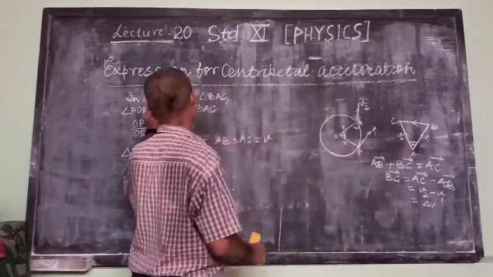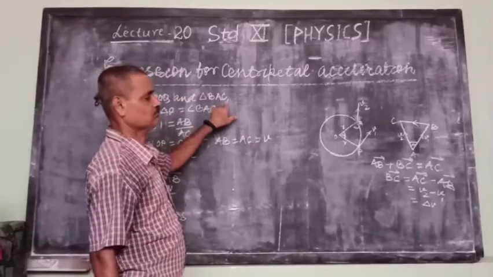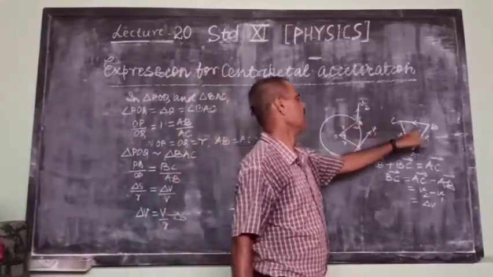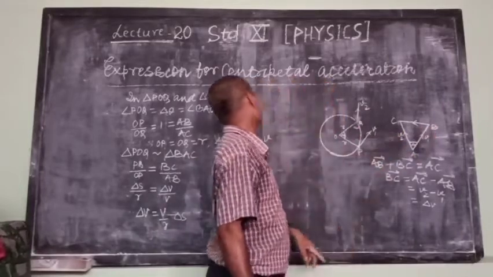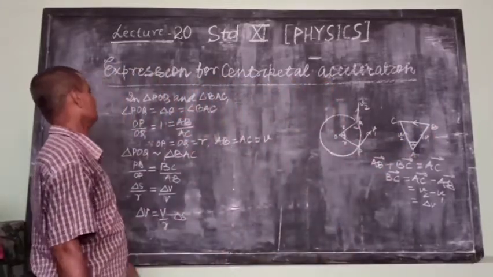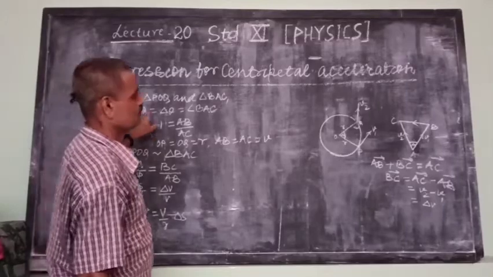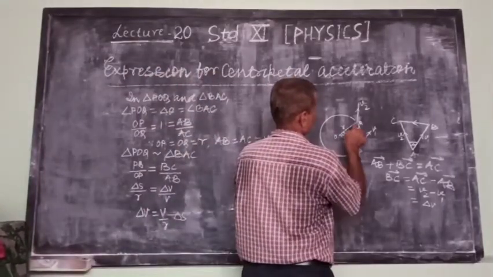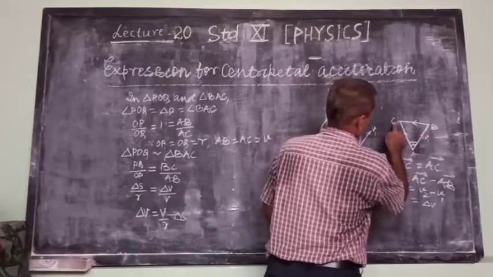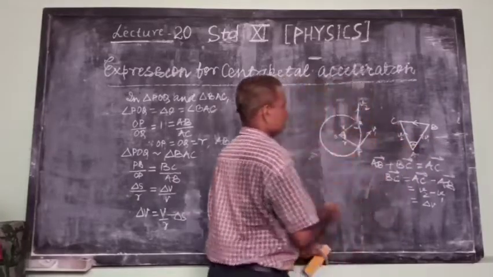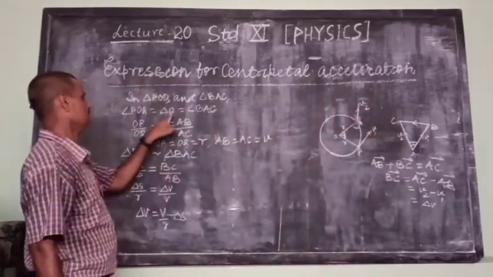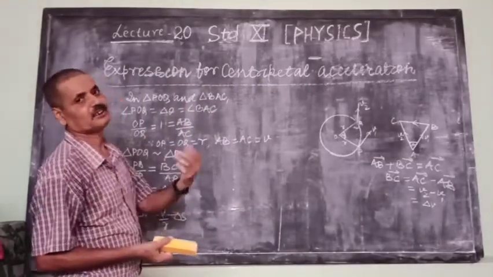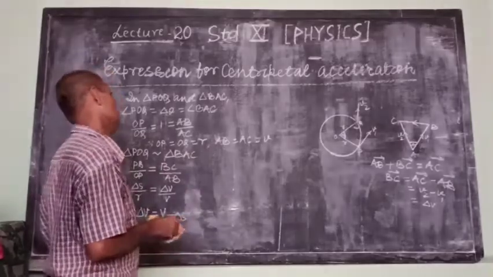So we can write in triangle this and this, triangle POQ and triangle BAC, these are similar because this angle POQ is equal to BAC and both the angles are equal to d theta. I have written, if two triangles are similar, then the ratio of their corresponding sides.